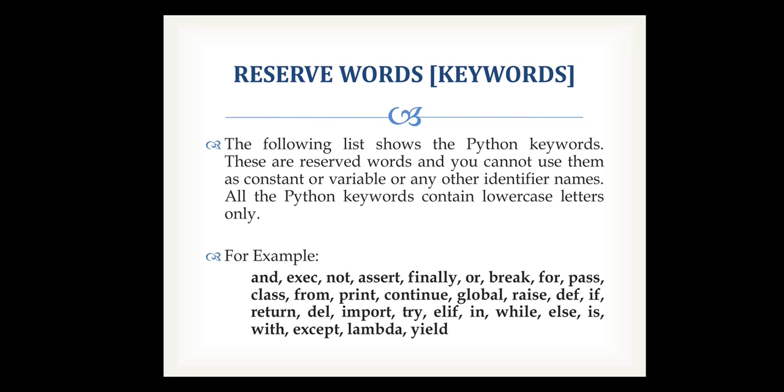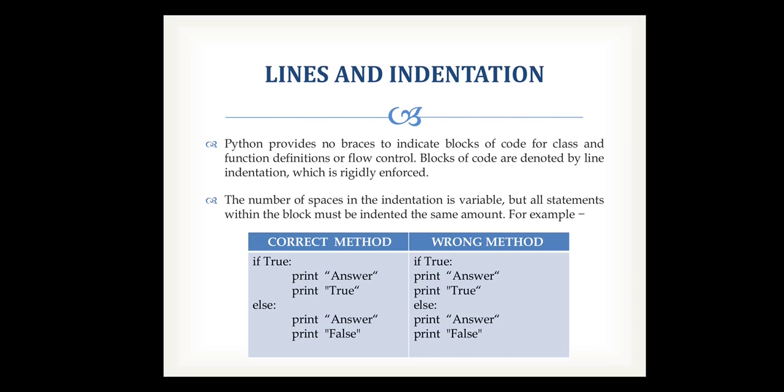For example, and, exec, not, assert, finally, or, break, for, pass, class, from, print, continue, global, etc. are the different reserved keywords of the Python programming language.